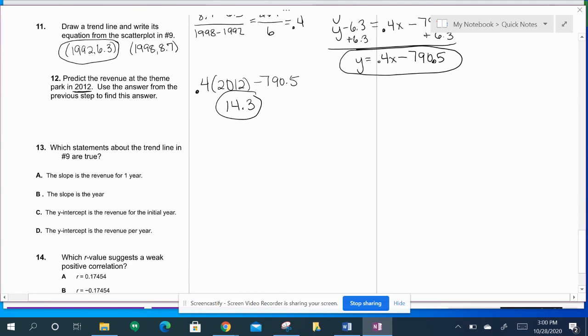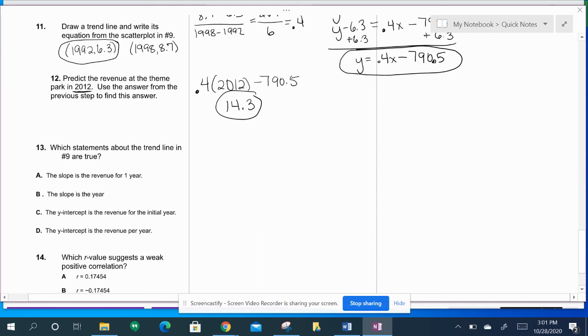So then finally, I need to analyze what I've just talked about here. So what's true about that trend line? It says the slope is the revenue for 1 year. Don't think that that's necessarily true because the slope tells us the change in revenue divided by the change in years. The slope is the year.